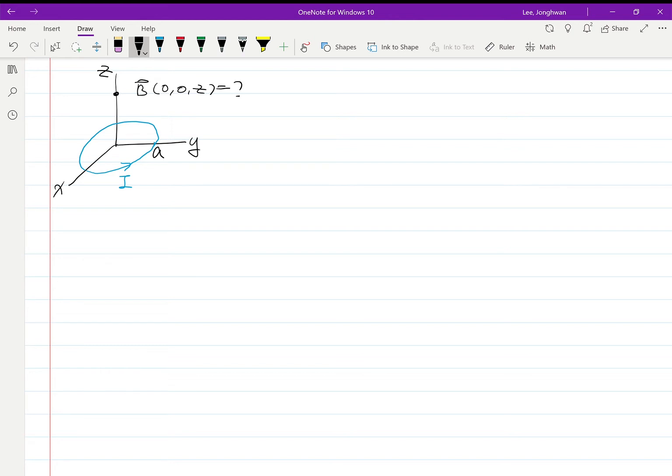So here we will use the Biot-Savart law, especially in the case of the one-dimensional line current, which can be expressed by this equation.